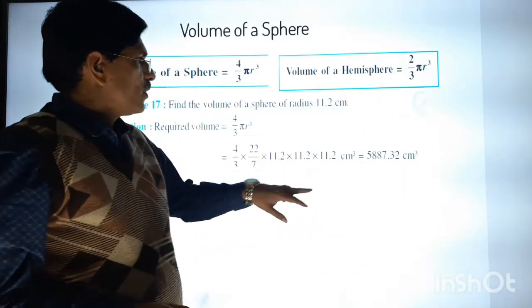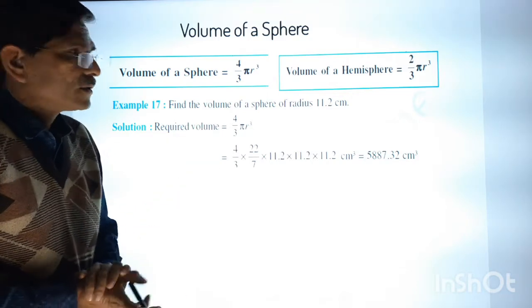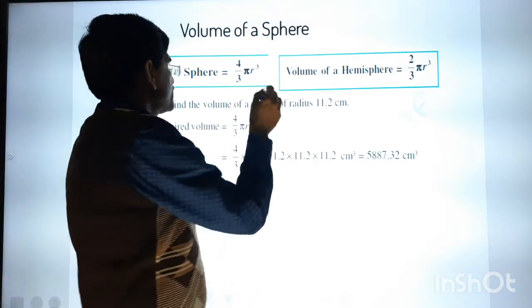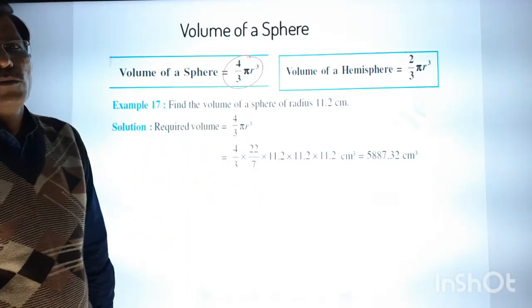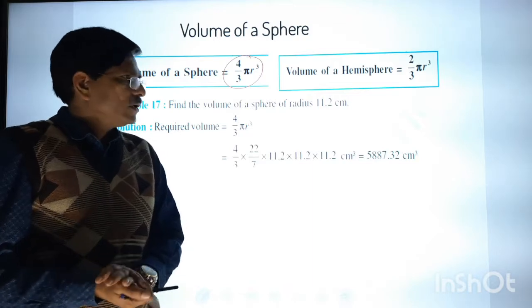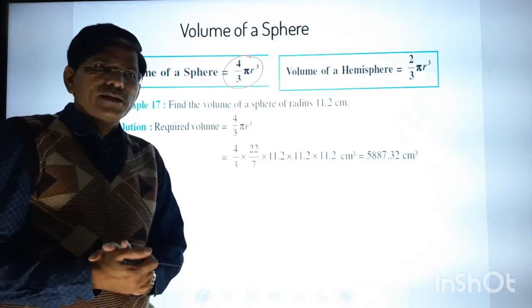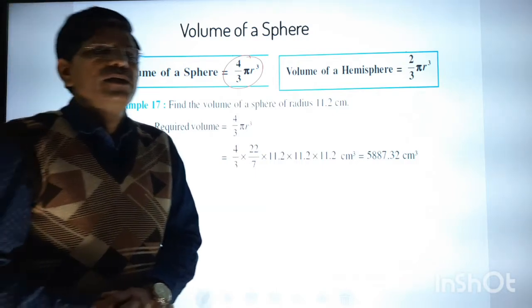First of all, we have to solve some examples. You have to write 4 by 3 pi r cube, volume of sphere, at least 5 times.